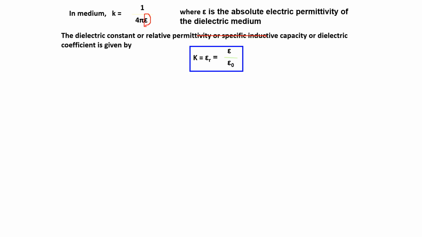The dielectric constant K is equal to the relative electric permittivity, and it is the ratio of the electric permittivity of the medium to the permittivity of free space.